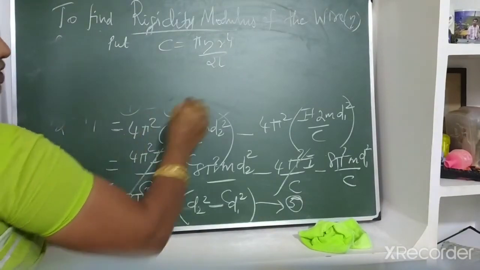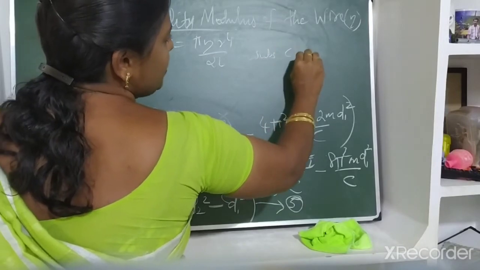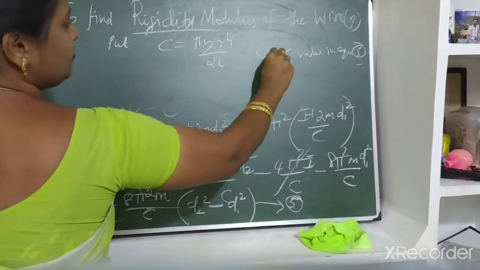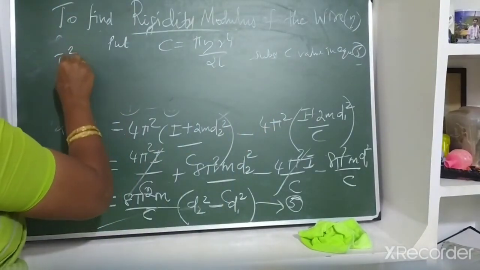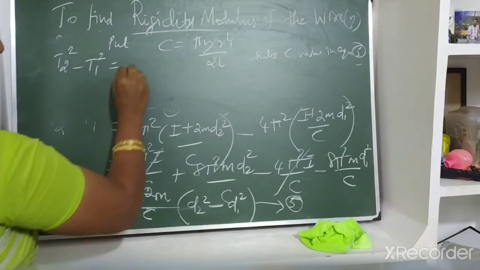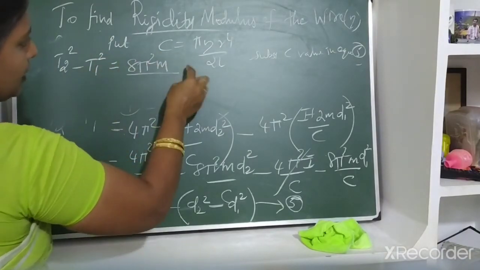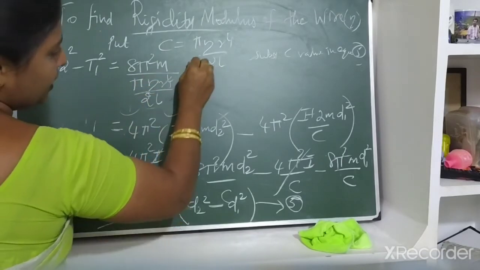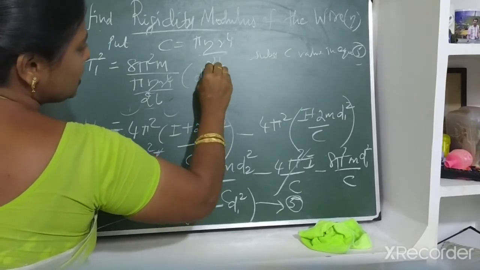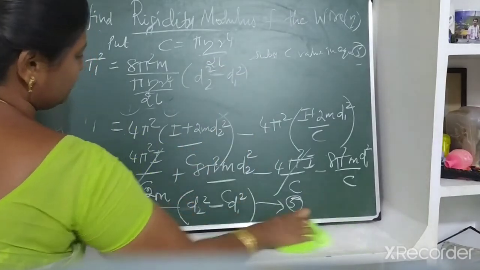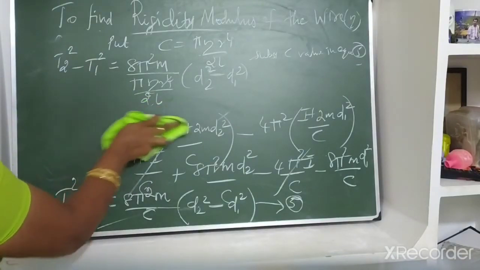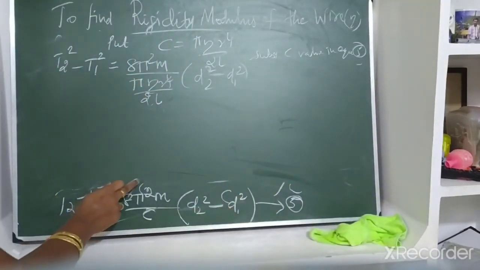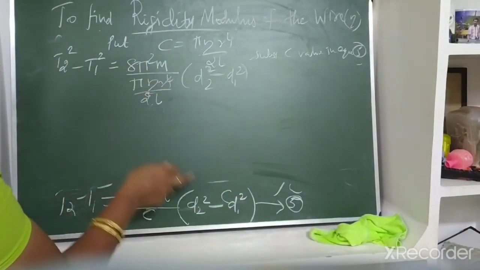Substitute the C value in equation 5: T2 square minus T1 square equals 8 pi square m divided by pi eta r power 4 by 2l, into d2 squared minus d1 squared. The C value is substituted.